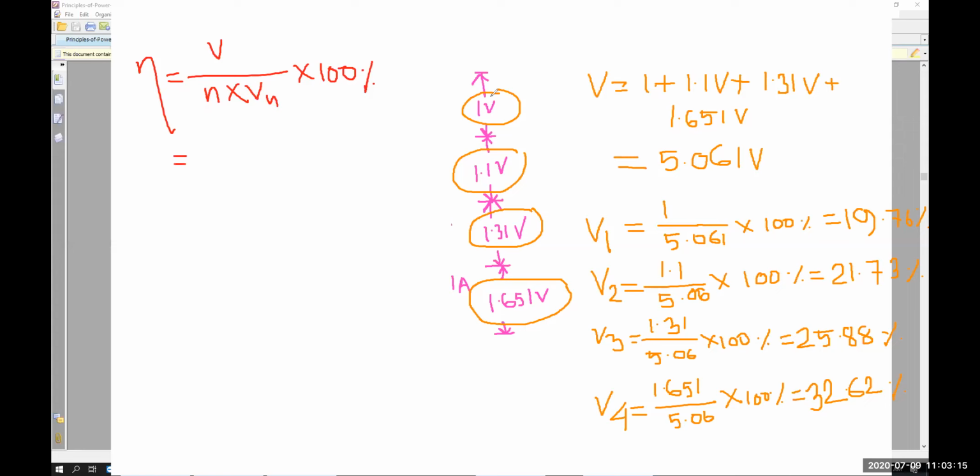N is the number of disks. What is Vn? Vn is the last disk voltage. What is V? V is your 5.061 total voltage. N is equal to 4. Vn is equal to the last voltage, that means 1.651, into 100%.